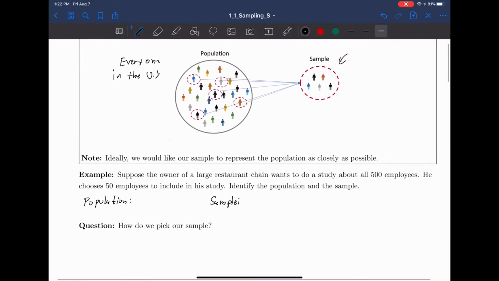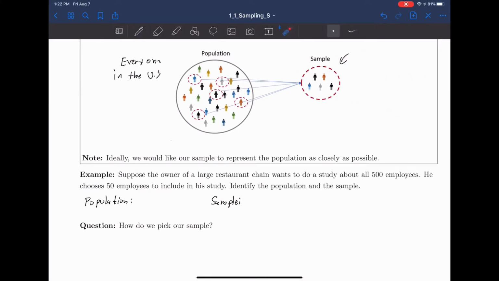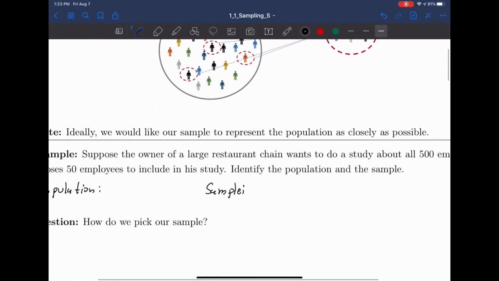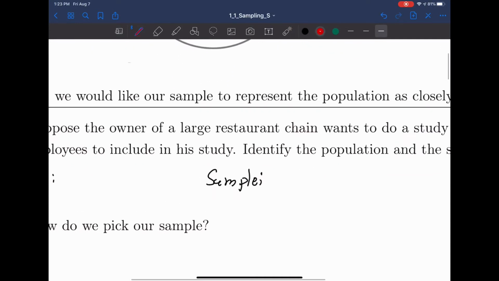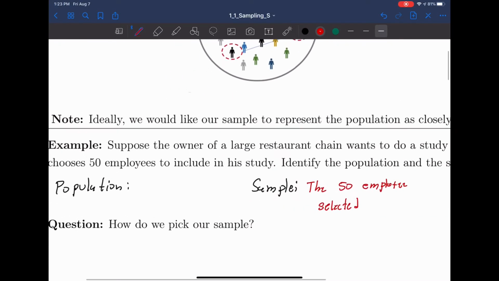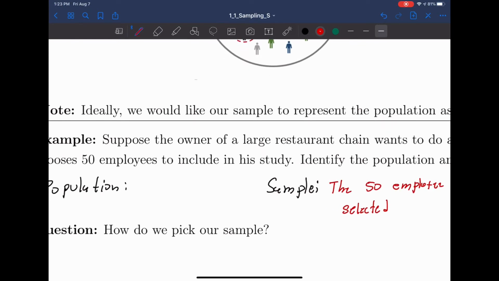It's easy to see that our sample is the 50 employees selected, and our population is all 500 employees.